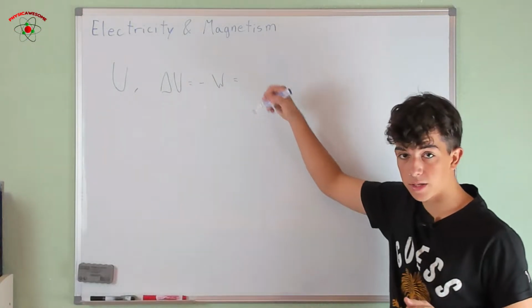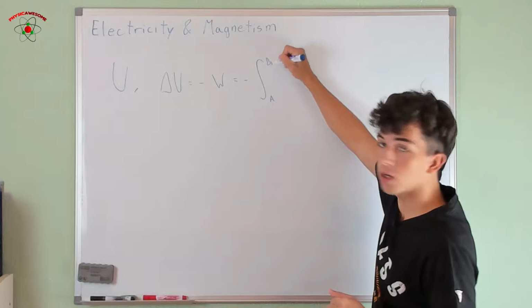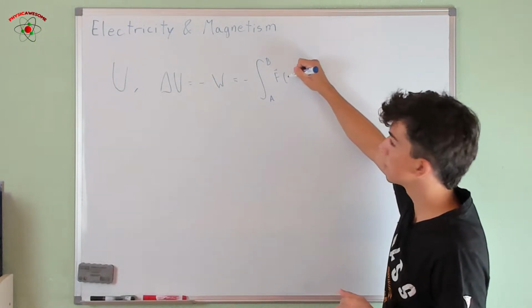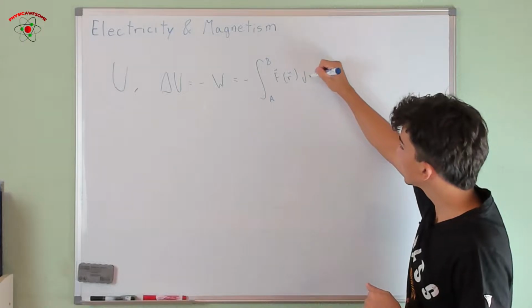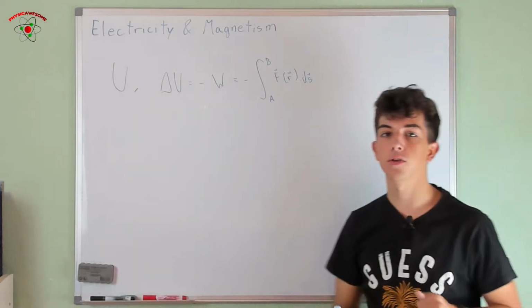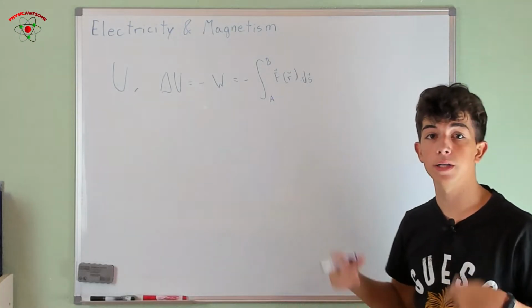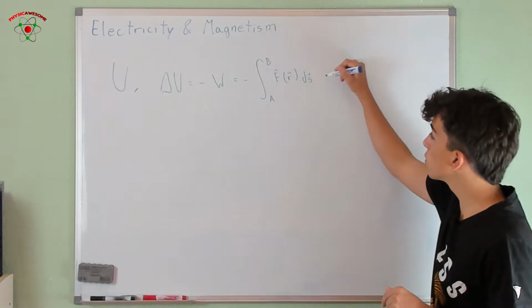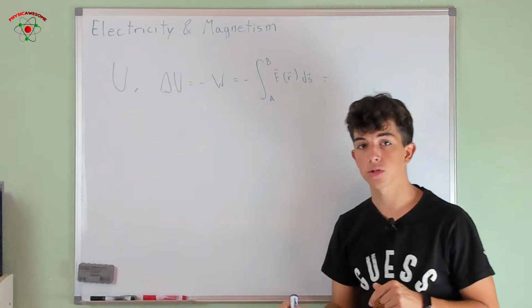And this is a path integral from A to B of the force, which may depend on position, as this is a vector field, dotted with the path. And by doing this, we were able to find in different situations what the change in potential energy was.